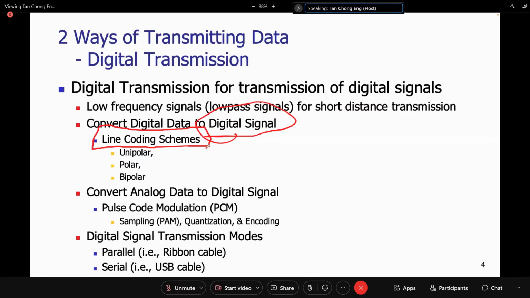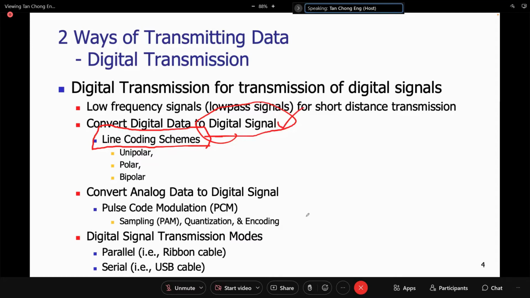So these are the schemes, what we call line coding. And there are different types of line coding schemes such as unipolar, polar, and bipolar. These are the three basic schemes, the most basic schemes that you can use to convert digital data to digital signal. Right, and then after you have converted them, they will produce the digital signal.